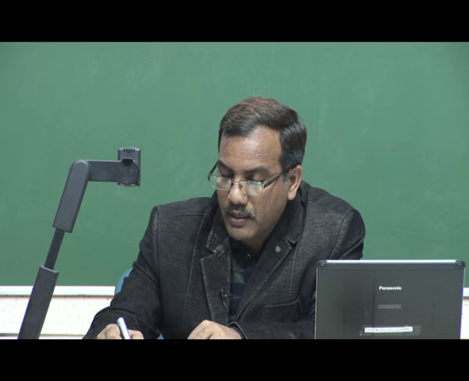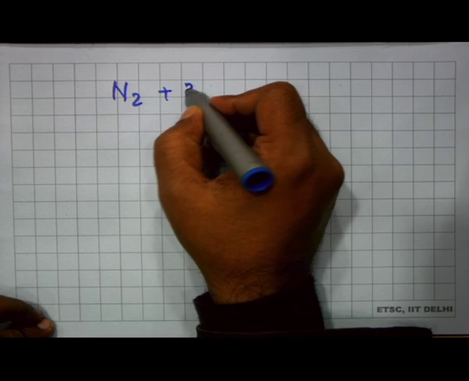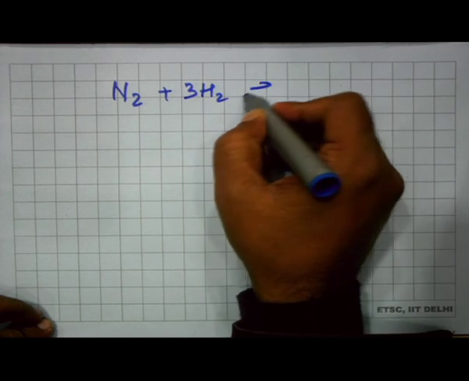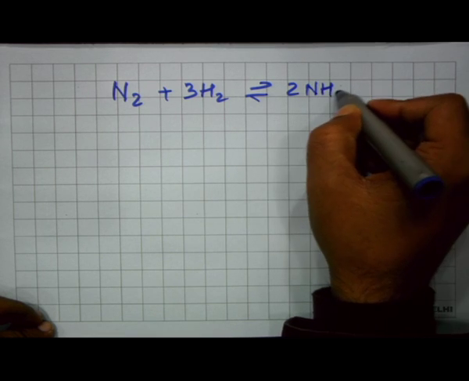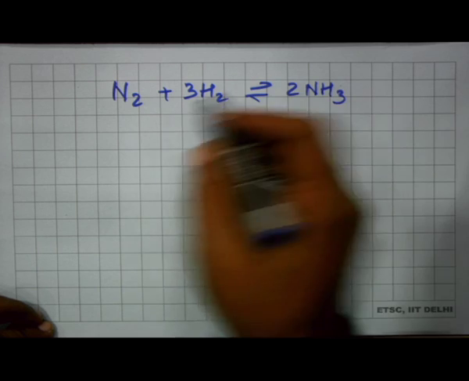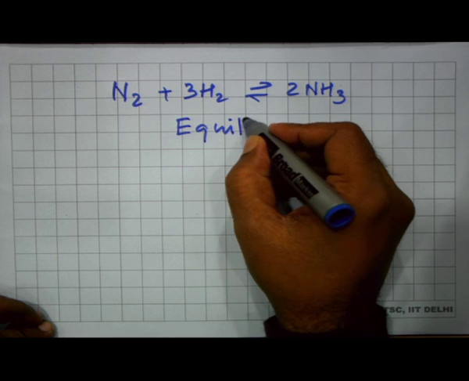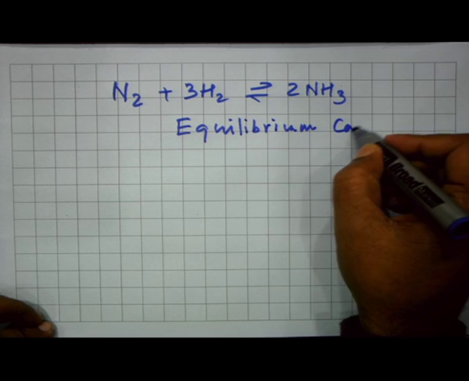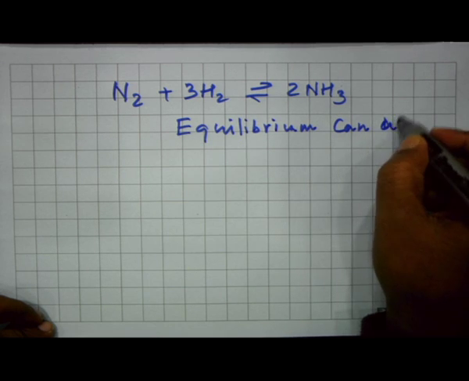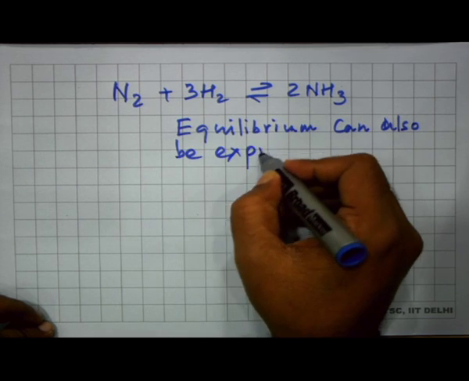Now, take this reaction again, N2 plus 3H2 is 2NH3. Equilibrium can also be expressed in terms of partial pressure.